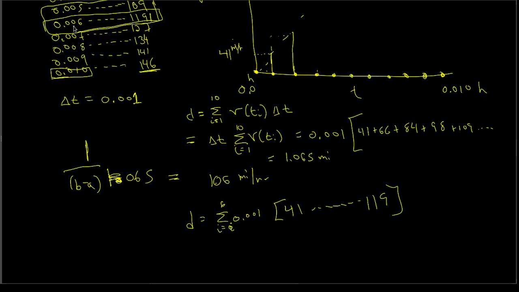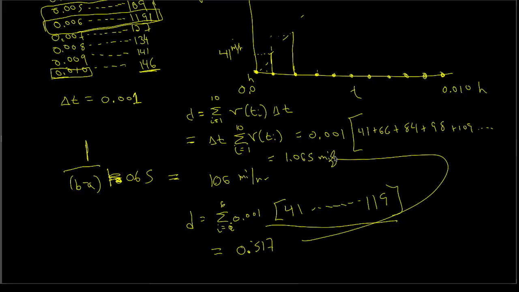So right around the 0.006 of an hour, it is going halfway. What I did here is I added up to the 119, and the distance it traveled there was 0.517. That is really close to the halfway point for that. So I'm going to use this time as the halfway point.